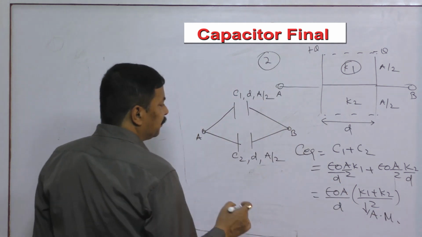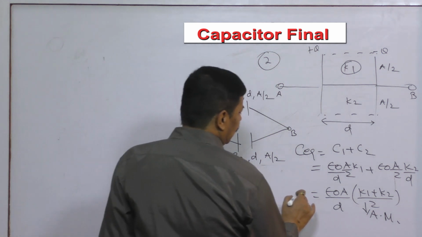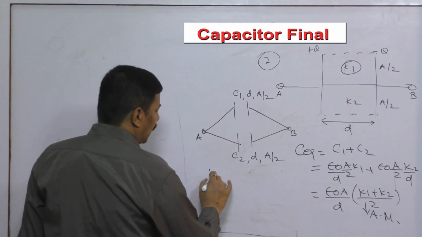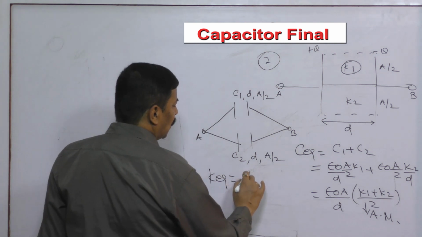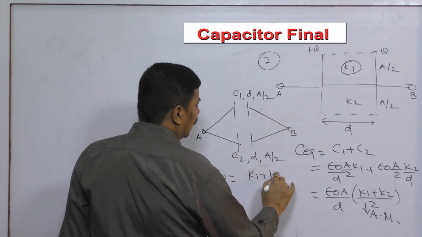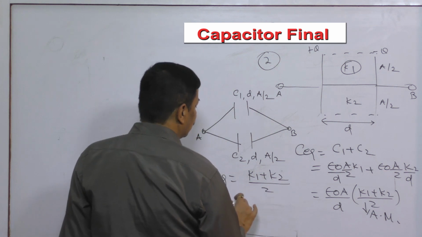So this is the equivalent capacitance, and K equivalent is K1 plus K2 by 2, that is the arithmetic mean.